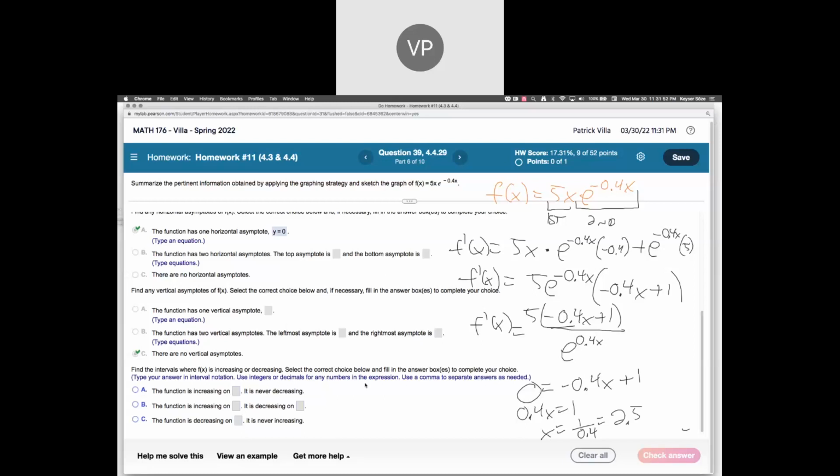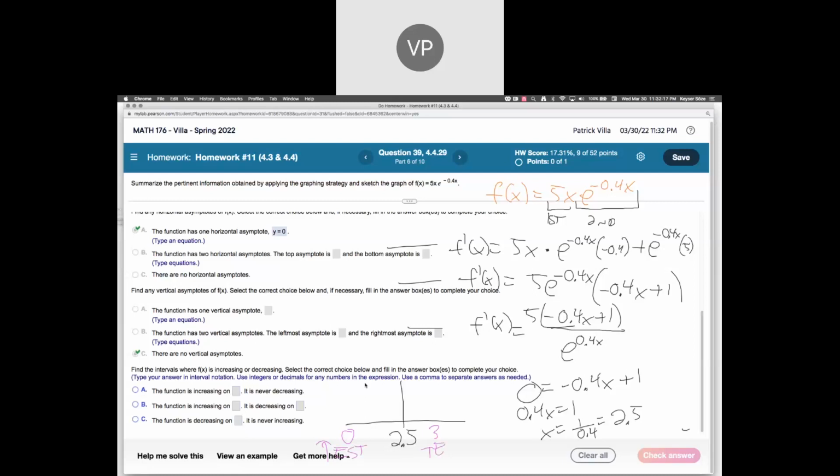Okay, so now we're still not done. We have to figure out where our graph is increasing or decreasing. So I have all these derivatives here, here, and here. It doesn't matter which one you use, but you need to test some points. So I'm going to test 0 and let's test a 3. That's what these pink numbers are.